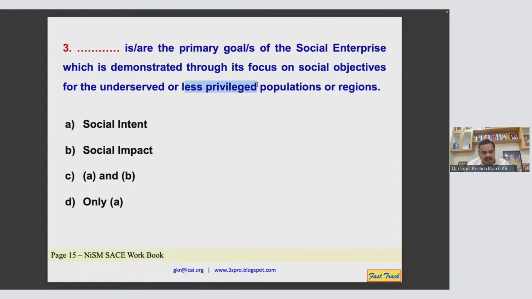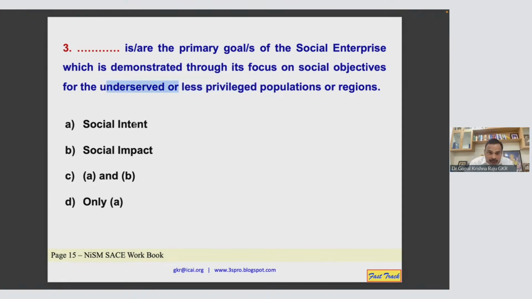Is means only one goal. R means there are more than one goal. What is an underprivileged region? For example, we have Malai வாழ் Makkal, meaning people who live in the mountains, people who live in the northeastern region. So they are less privileged regions or less privileged population, underserved.